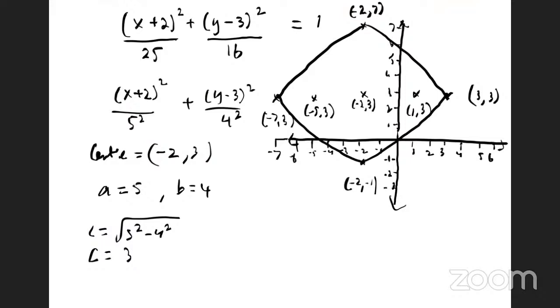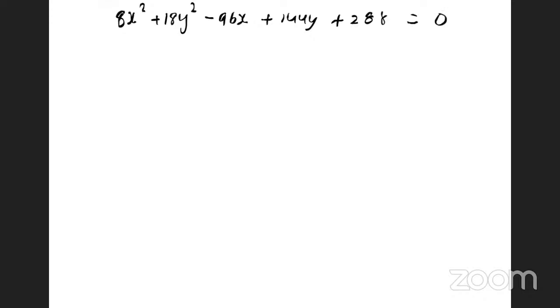All right, so sometimes it looks like this. Sometimes it's 8x squared plus 18y squared minus 96x plus 144y plus 288 equal to 0. What does that look like?